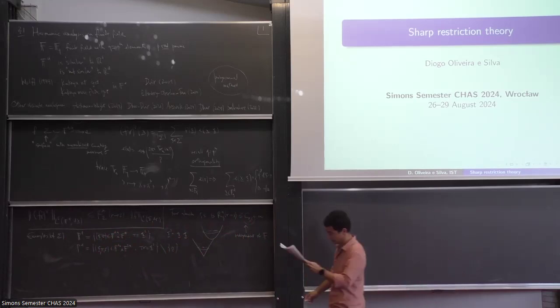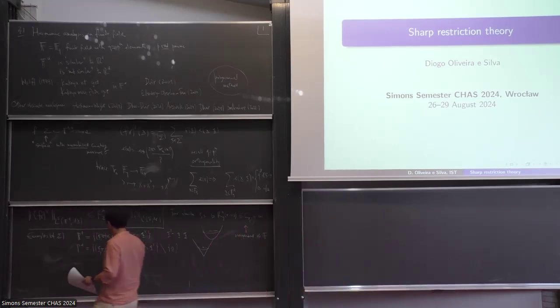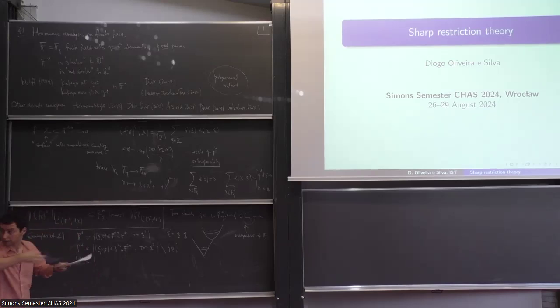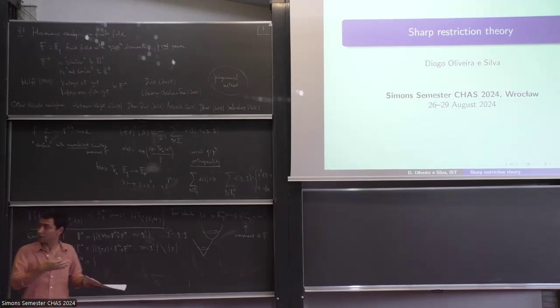And I would also like to introduce a new surface that we have not considered before, which is the saddle surface or the hyperbolic paraboloid. Of course, sharp restriction theory in the Euclidean setting makes sense for the hyperbolic paraboloid, but pretty much nothing is known, which is why I haven't talked about it. But I will.